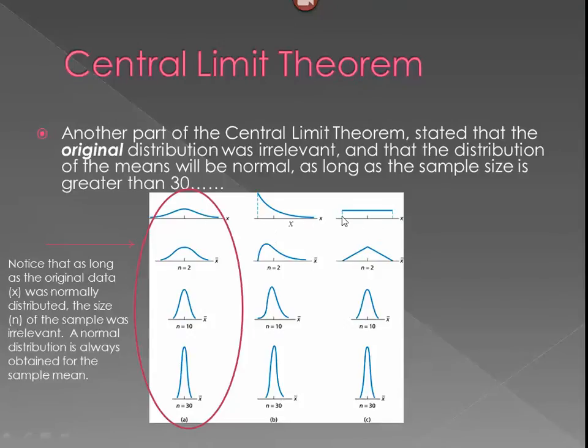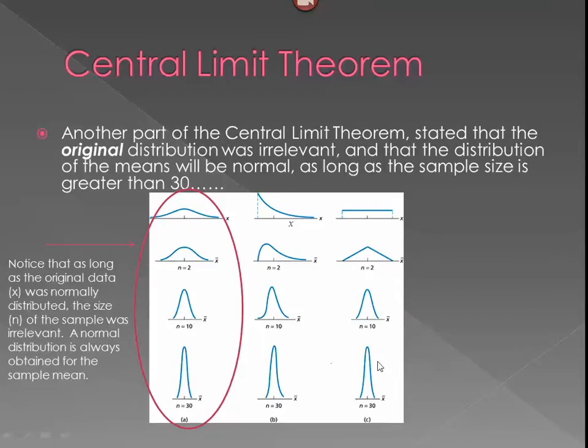We have uniform distributions, we have skewed right distributions, we have populations that are normal for their original data. But regardless of how it looks originally, as we go down the list here and get samples, once we hit a size of about 30, it actually doesn't matter at all how the original population data was distributed.